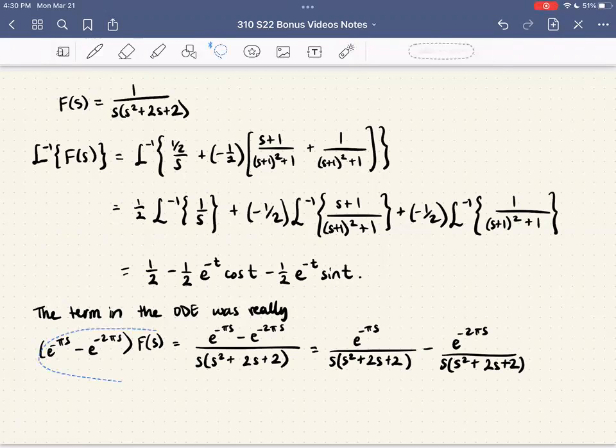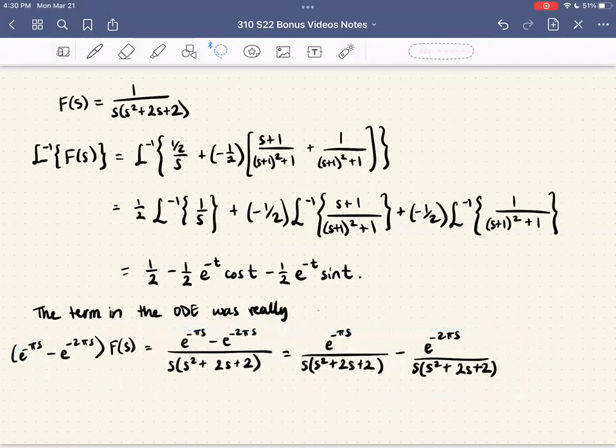So really, I have e to the negative pi s times that thing that I called capital F of s, that's what I defined it to be up here, minus e to the negative 2 pi s times F of s. That's what I actually want to take the inverse Laplace transform of. This up here is going to help us though. We know the inverse Laplace transform of capital F. And whenever we have these e to some constant times s, that tells us that it's some sort of Heaviside function.